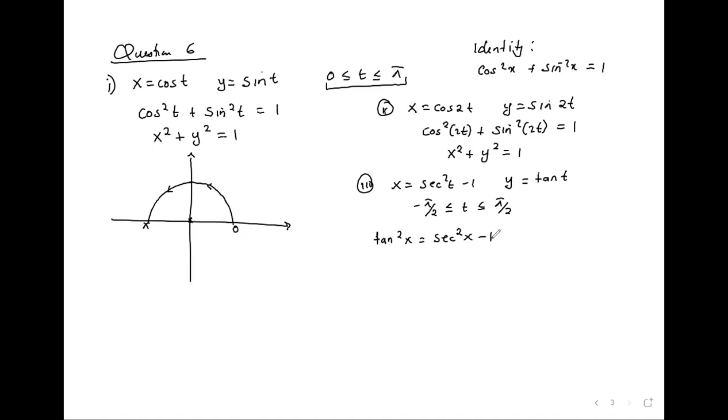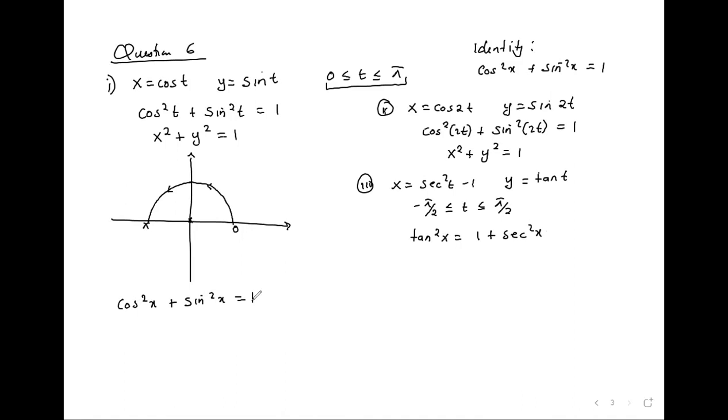Okay, no. So the one we have as identity is of this form: tan squared x is equal to 1 plus sec squared x. This is what we have. So tan squared x minus sec squared x is equal to 1.